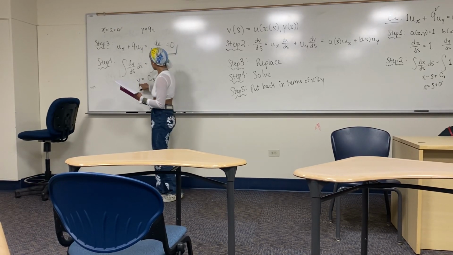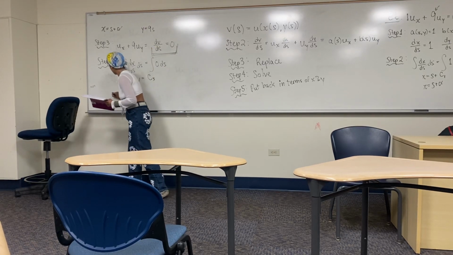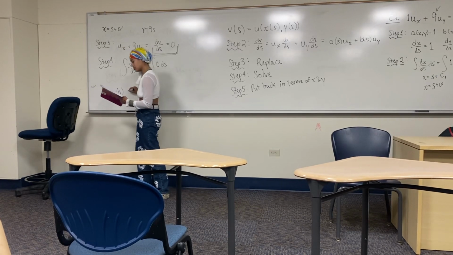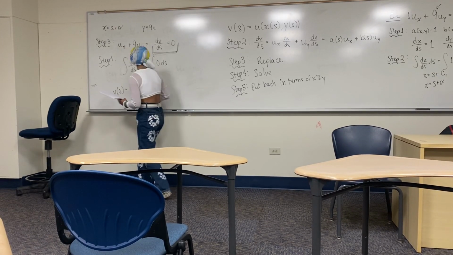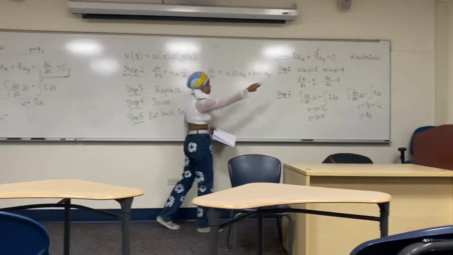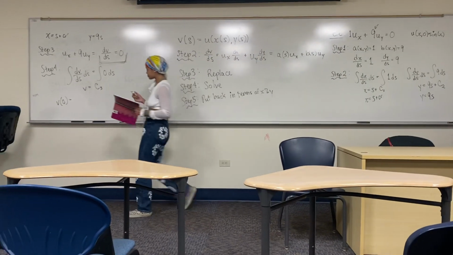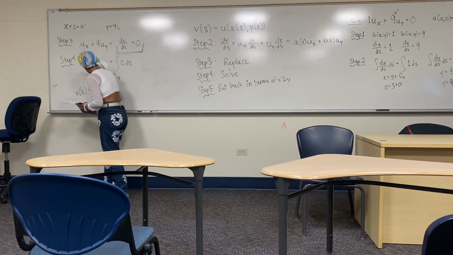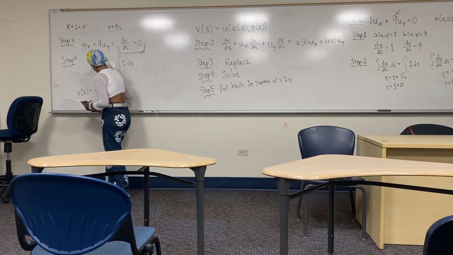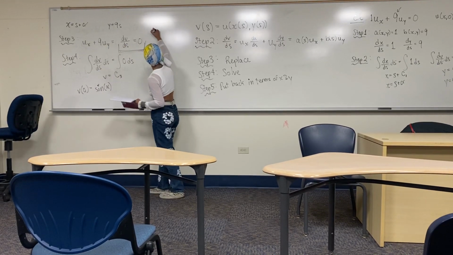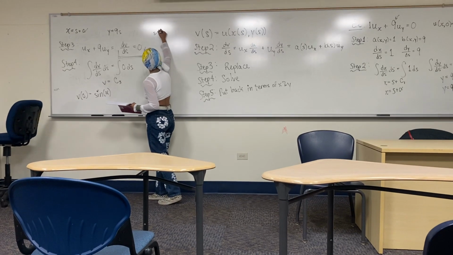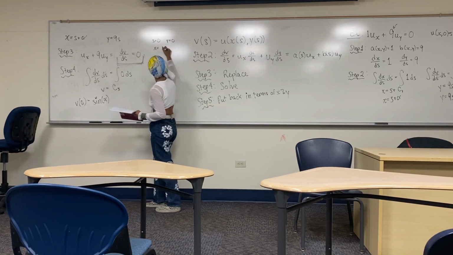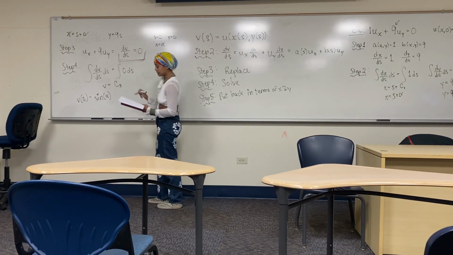And this c3 ends up being v of 0, which equals, from our initial condition we saw over here, sine of x, which is just sine of alpha. And the reason it's sine of alpha is because when s equals 0, y equals 0, and x equals alpha, okay? So that's how we got that sine of alpha.